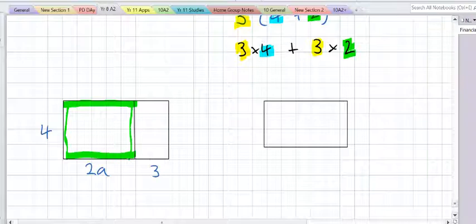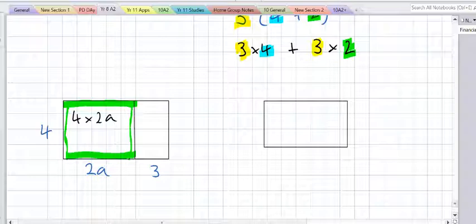The whole side is 2a. So we find this by saying 4 times 2a. And from multiplying algebraic terms in the last topic, what do we get? 8a, because 4 times 2 is 8, and the a stays there, so that is 8a.